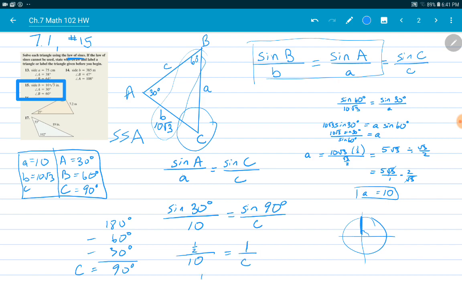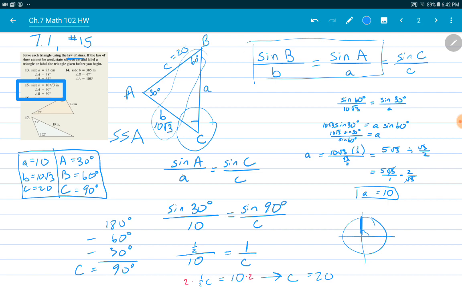And then cross multiply. I could have cross multiplied before I did this part. It doesn't matter. And then I get C equals, multiply both sides by 2 to get C by itself, and I get 20. So now I have a 20 here.